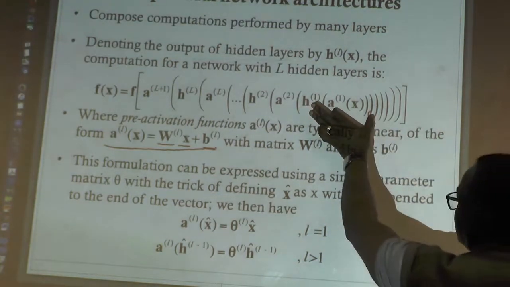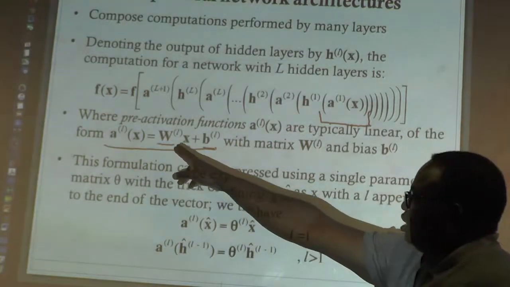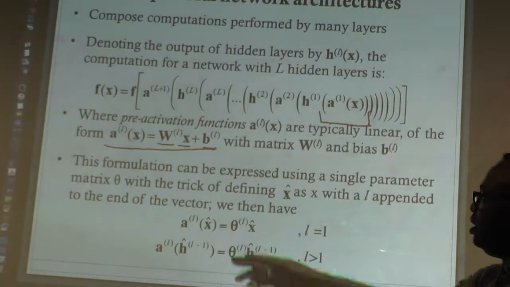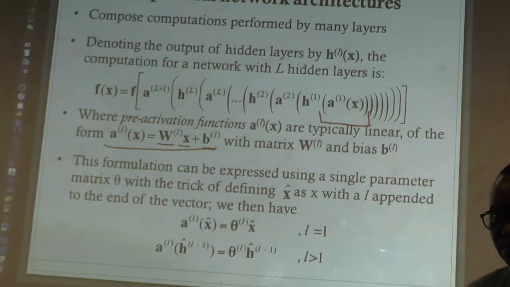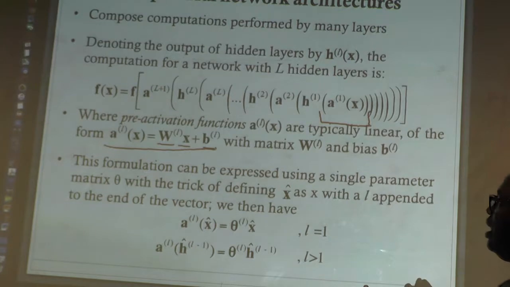So each one of these is that. Now remember, X is a matrix, B is a matrix, W is a matrix. So this is computed, and the result of that is stored in this function H1.